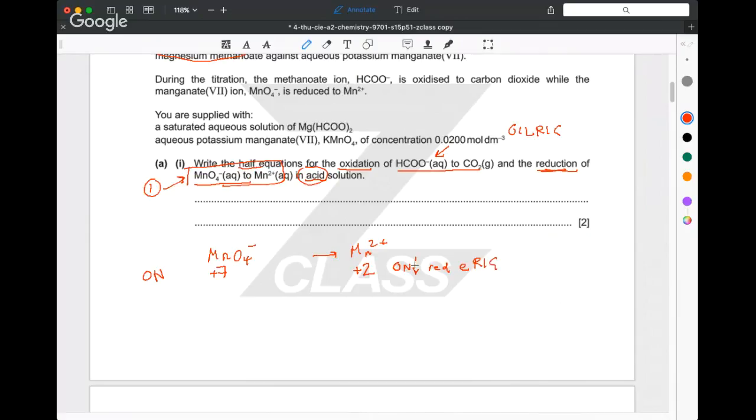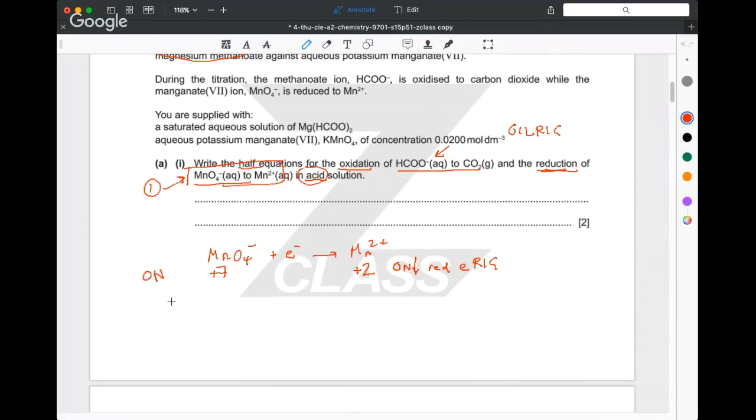Reduction is gain, electrons are being gained. So if electrons are being gained, your first step is to put them on the left-hand side. So we wrote down the oxidation numbers, and then we put electrons on either the left or the right side of the equation. If electrons are gained, they go there. If they're lost, they go on the right-hand side.